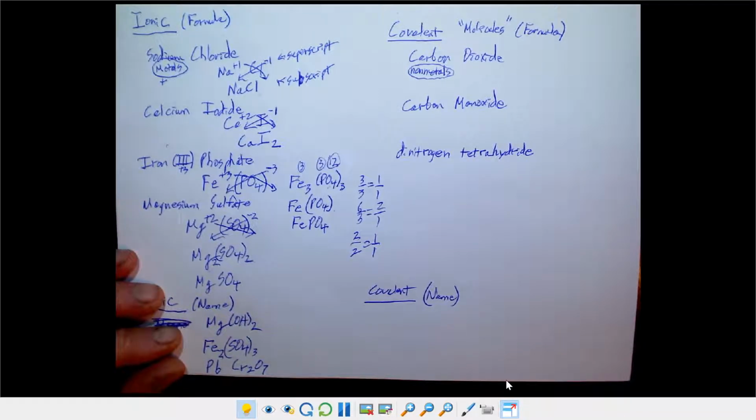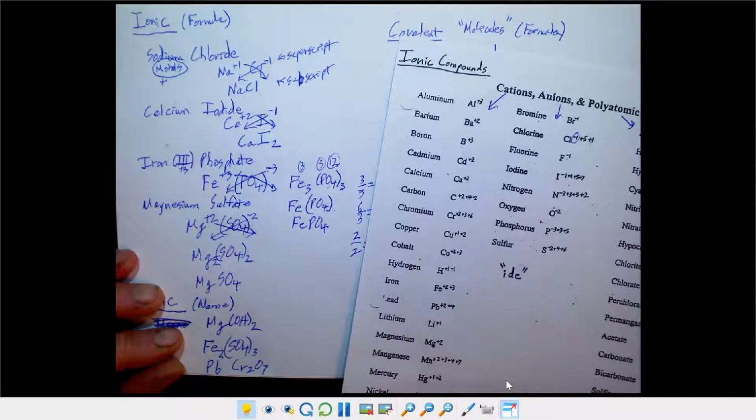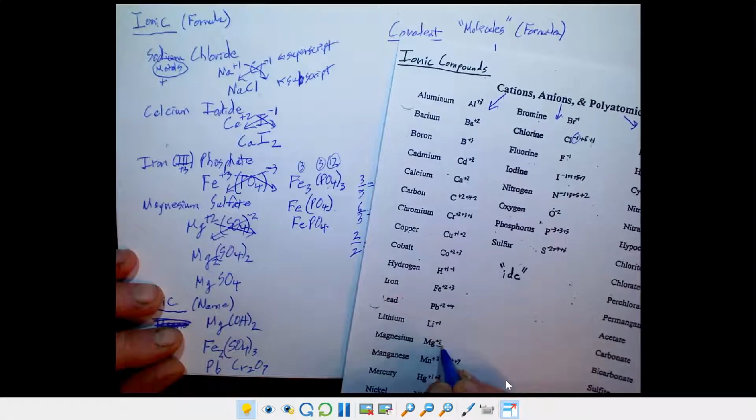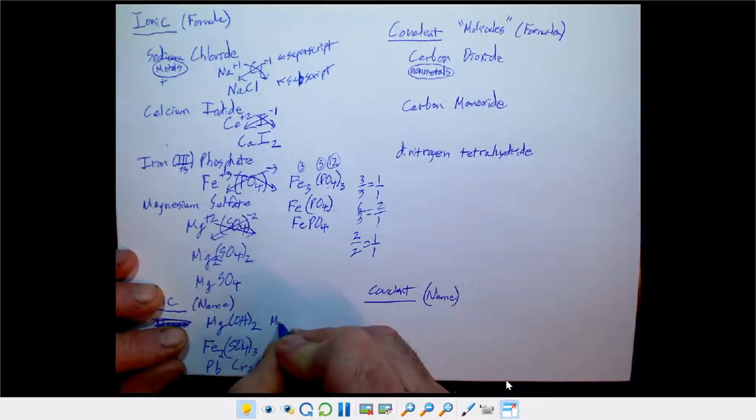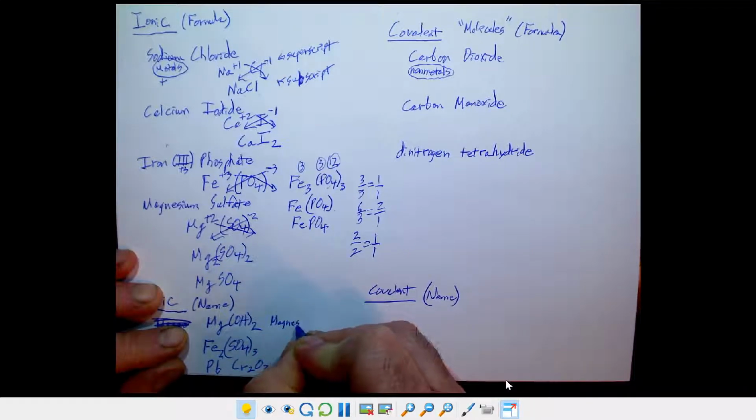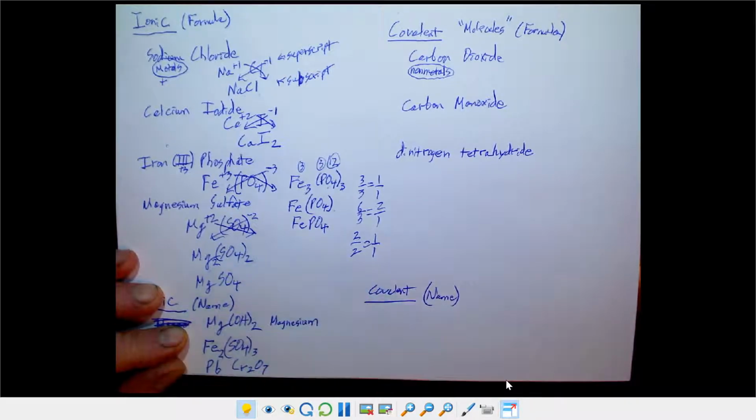All right, so let's go ahead and do the first one. MgOH2. So you just simply look on your sheet. You see magnesium. It's a +2 charge. Now, notice something. There is only one charge for magnesium. And there's a reason why I'm saying that. So I'm going to just write down magnesium. Remember, sometimes you have elements that have more than one charge.